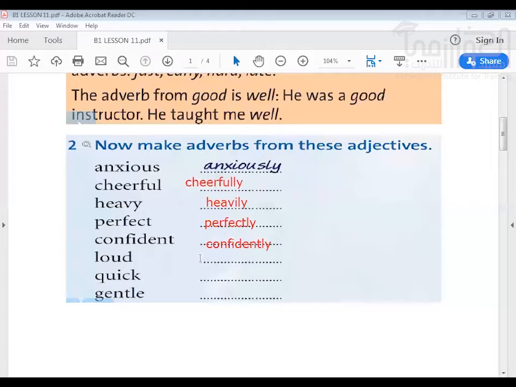Loud becomes loudly. Quick becomes quickly. And then gentle becomes what? Gently. Yes, it becomes gently. So these are how we form adverbs from these adjectives.